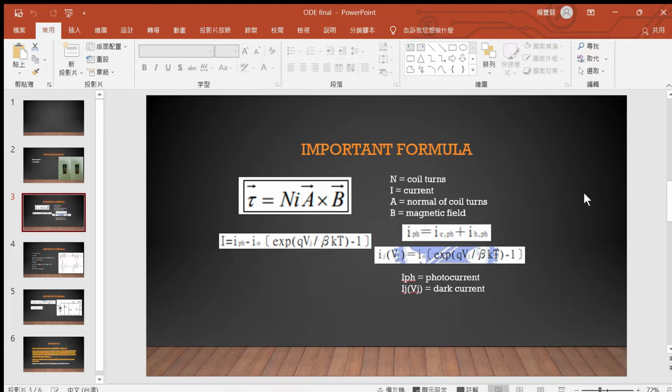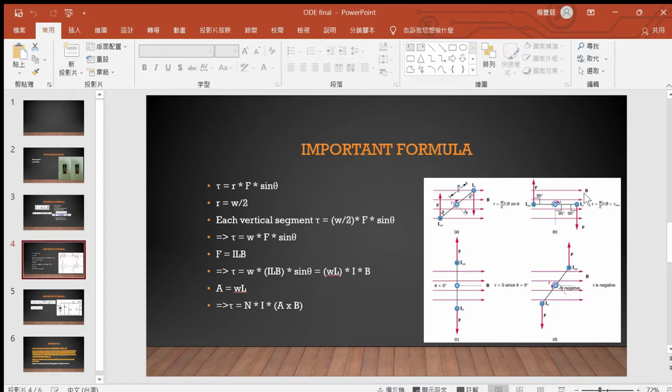Let me explain how to compute torque. We take the magnetic field to be uniform over the rectangular loop like this, which has width W and height L. First, we note that the forces on the top and bottom segments are vertical and, therefore, parallel to the shaft, producing no torque.